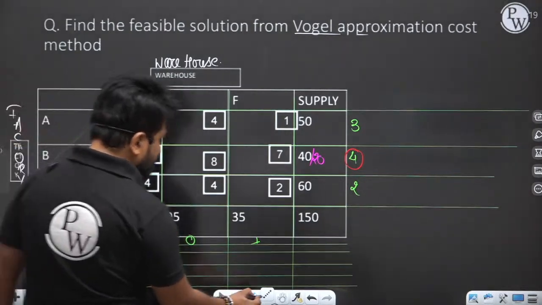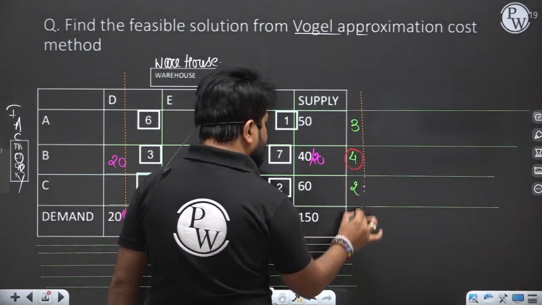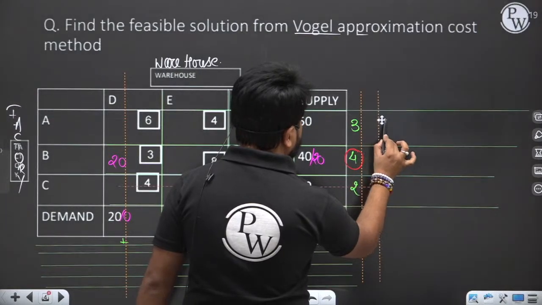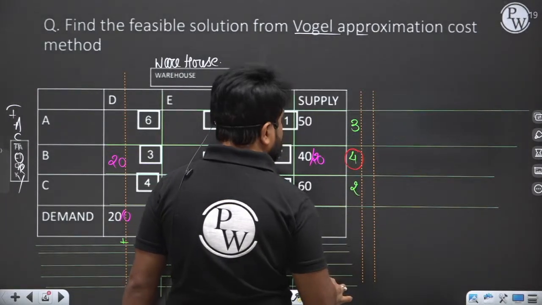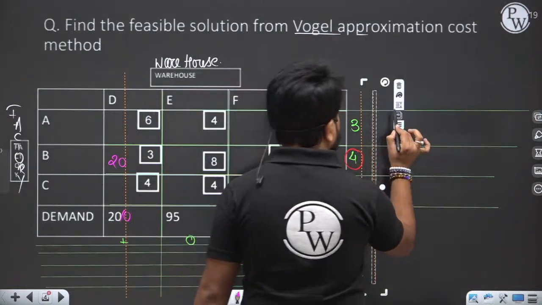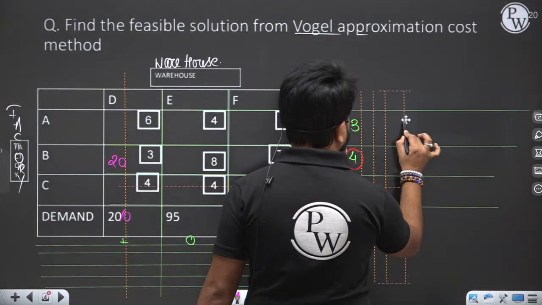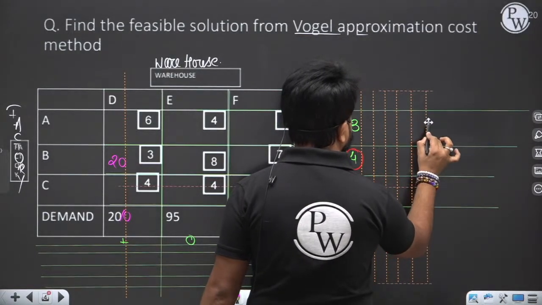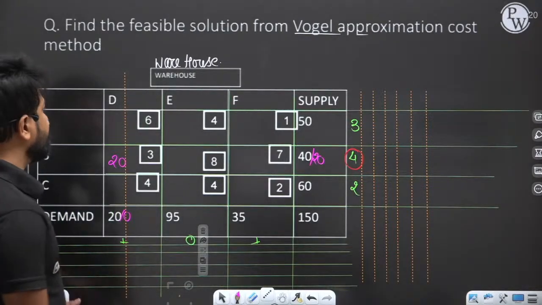Again you have to find the penalty. So what will be the penalty here? Again I am going to find the penalty of the rows.